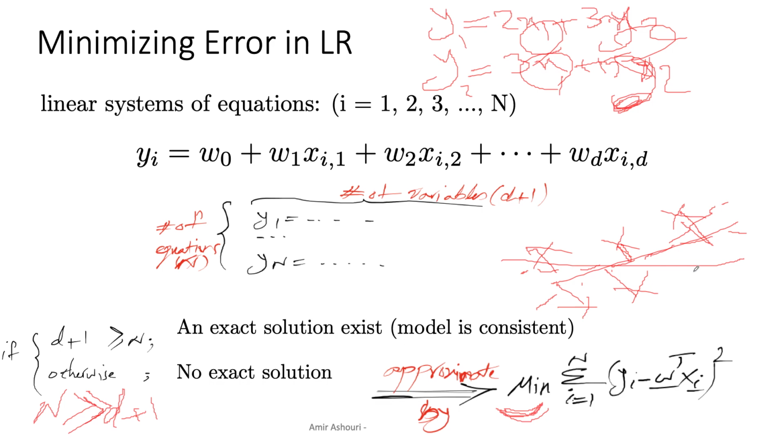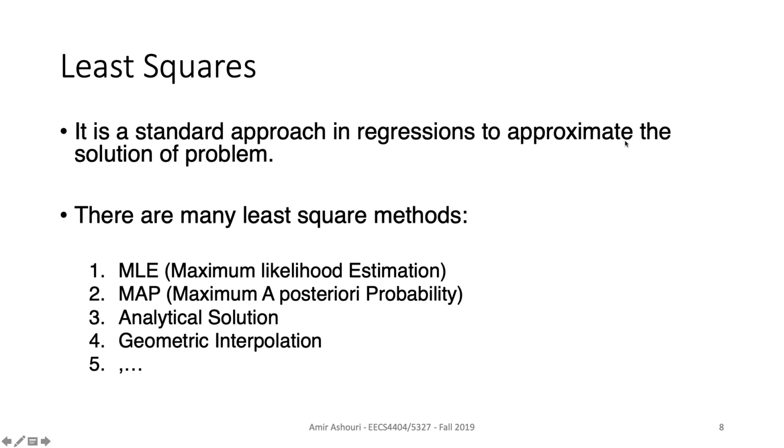So now, when we arrive at a minimization problem, there are so many different things you can apply, and they span from, I don't know, operations research, algebra, and some of them are in machine learning, and so on and so forth. So there are so many methods for solving a linear regression. You just have to Google it and see there are tons of materials out there. And in general, they call the umbrella of solutions least squares solutions.